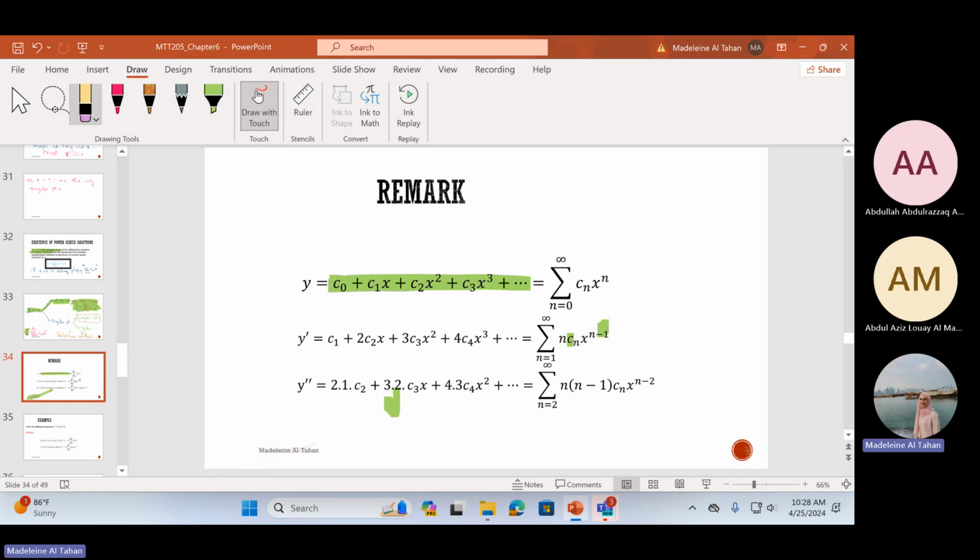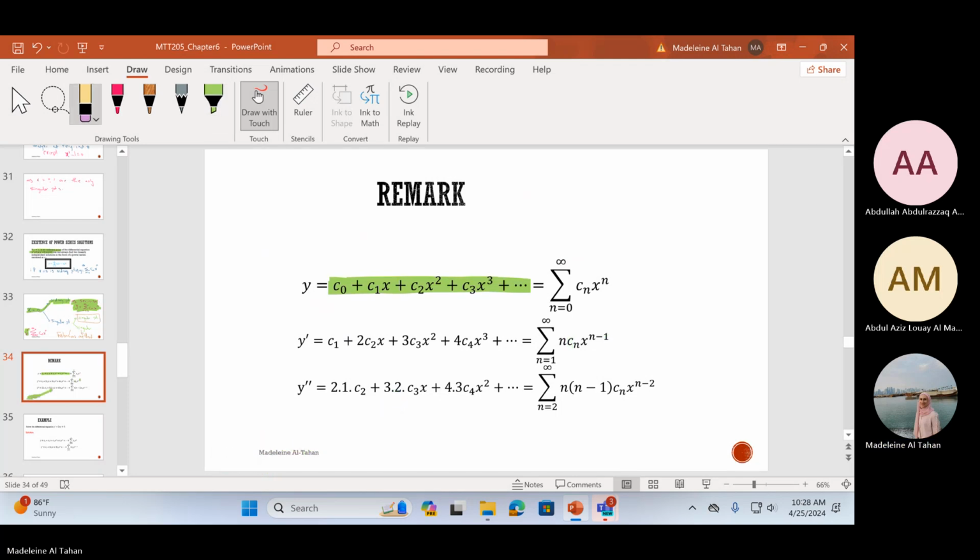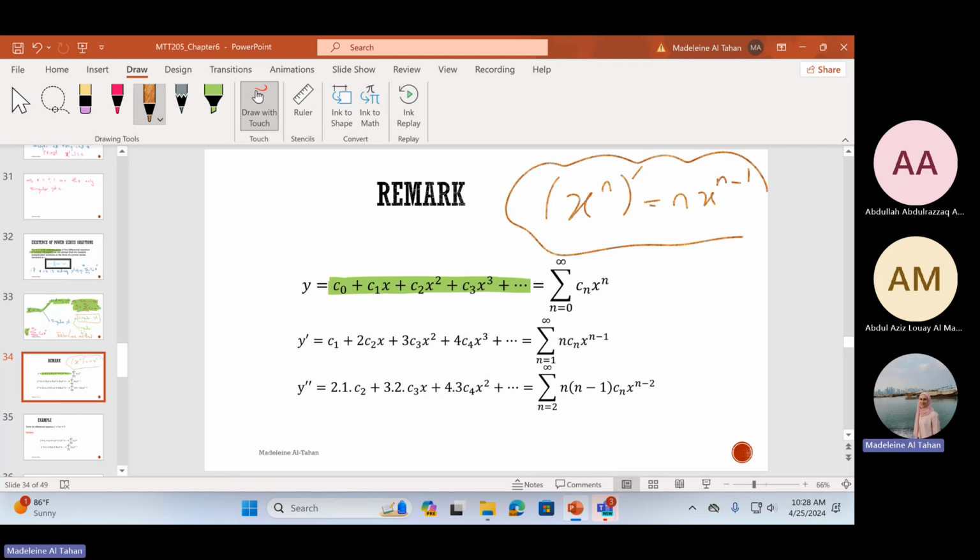What's the derivative of x power n? Okay, but here if you look, we started at 1. Why didn't we start at 0? Because the constant term doesn't exist after differentiating. Now, y double prime: the derivative of n x power n minus 1 will be n times n minus 1 x power n minus 2, and we will start at n equals 2.